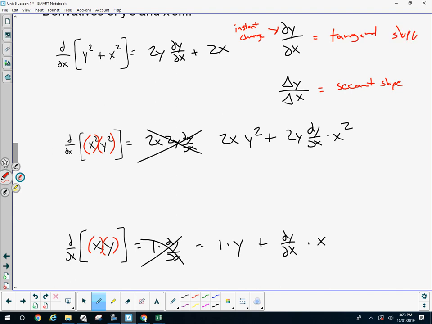So very good question. What does that d stand for? We should be comfortable with delta overall, secant; d, instant change in y, instant change in x, tangent. Cool? We see it means something. It's slope. Change in y, change in x. It's slope.